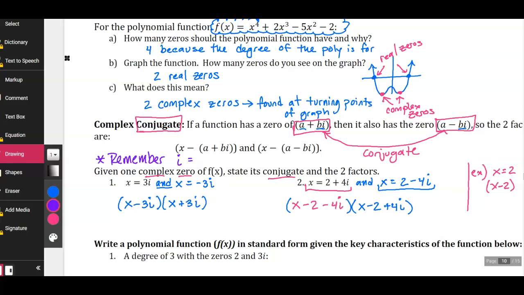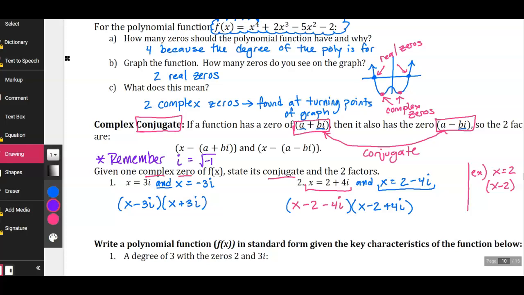Yeah, that's it. What does just plain i represent? Exactly. We needed something to replace the square root of -1 because you cannot square root a negative number.